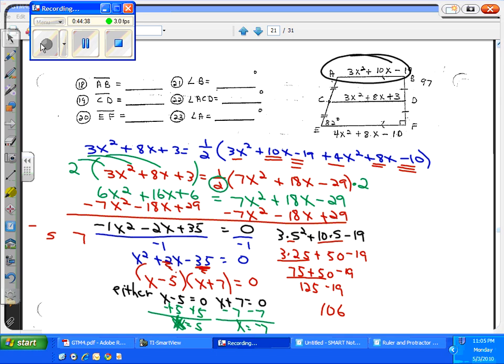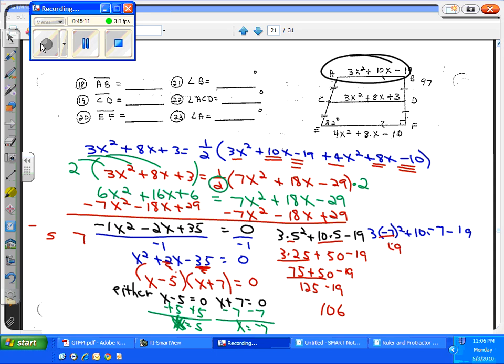Let's plug in the negative 7 and see what happens. 3 times negative 7 quantity squared, plus 10 times negative 7 minus 19.